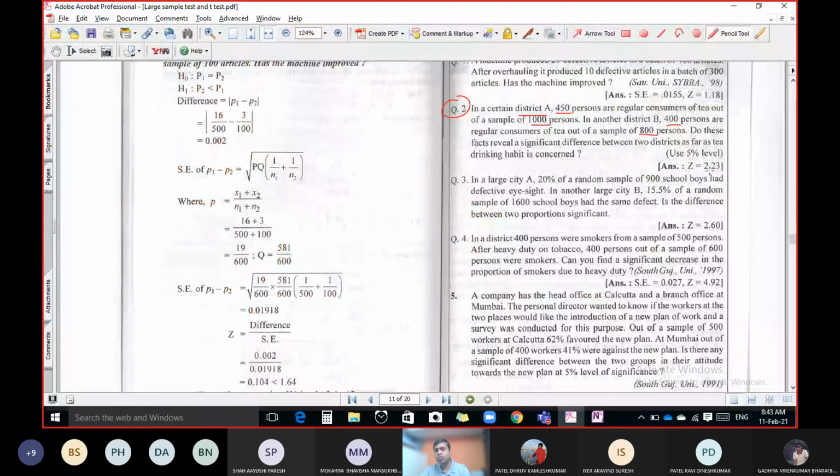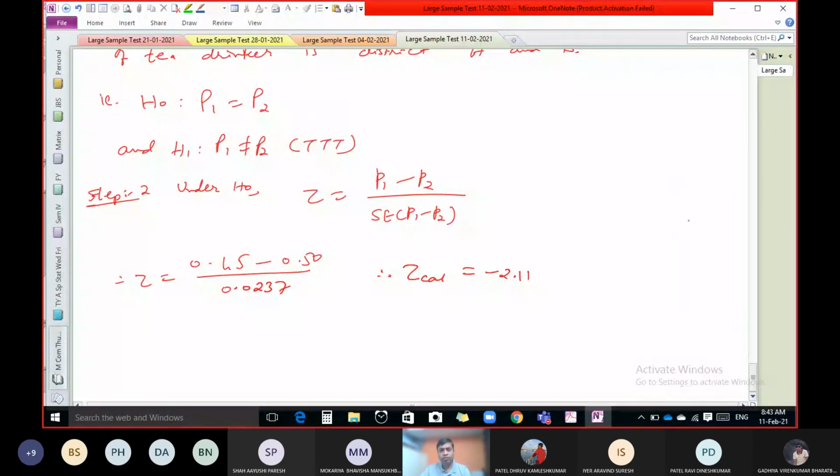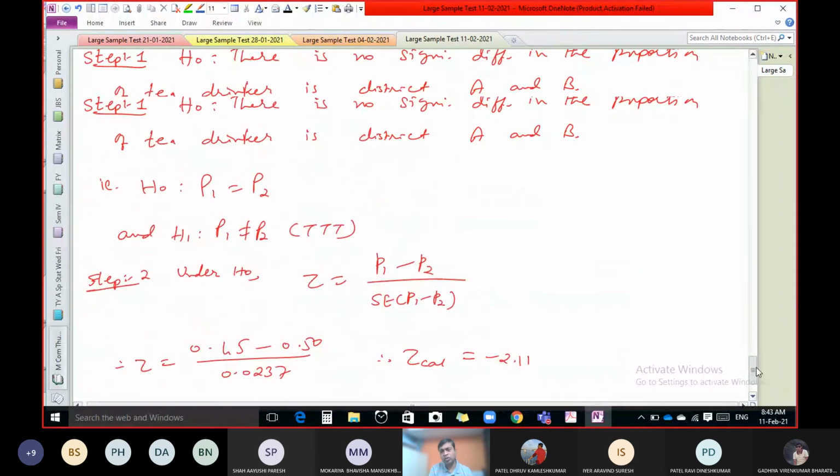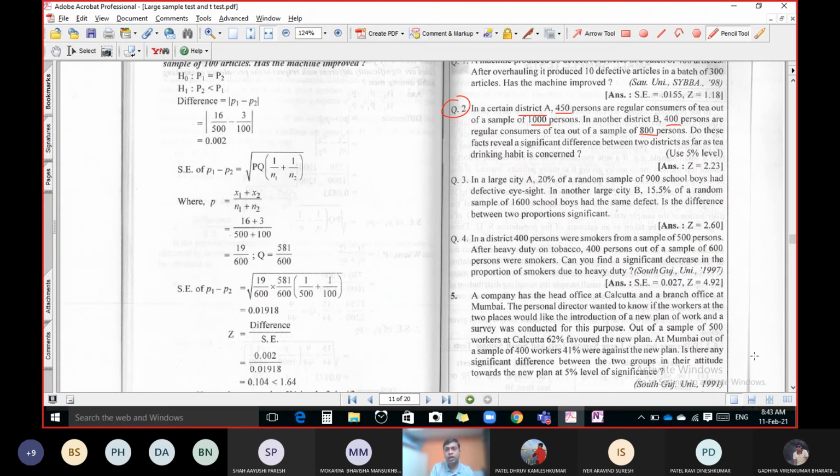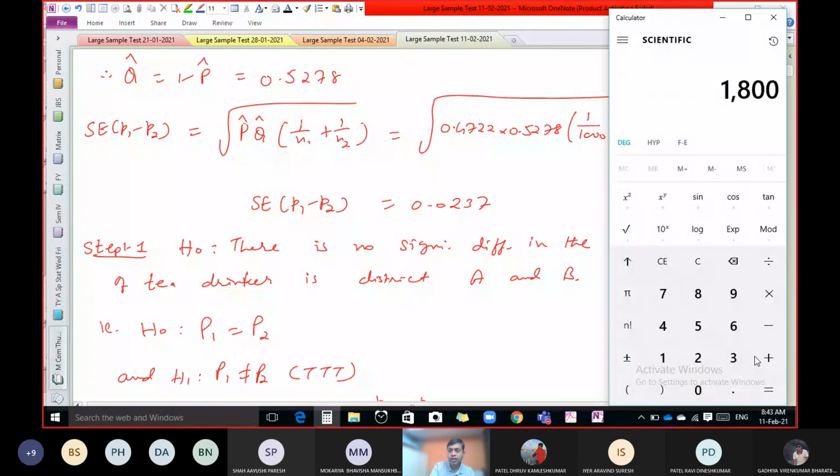Here 2.23 is given. Let us verify whether there is any mistake or not. The difference is actually not that big, but let us check it. 1800 divided by 1000 times 800, into 0.53 into 0.47, and now take its square root.